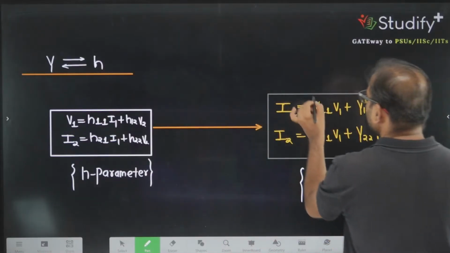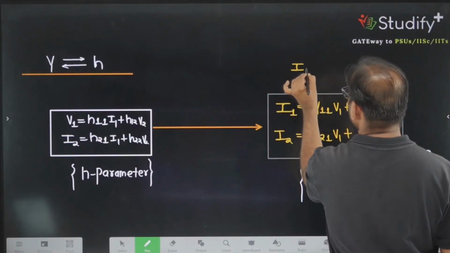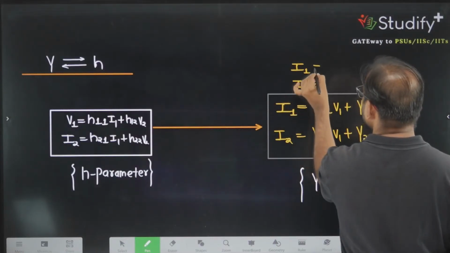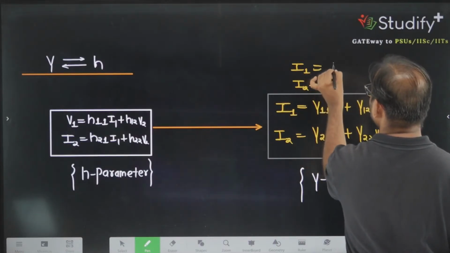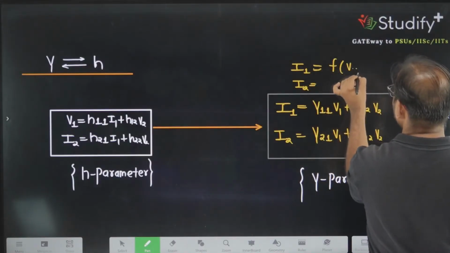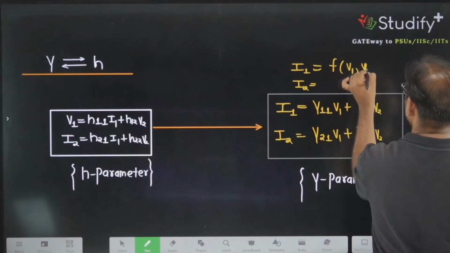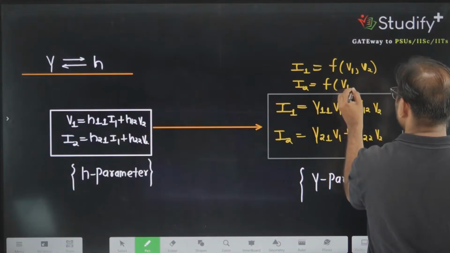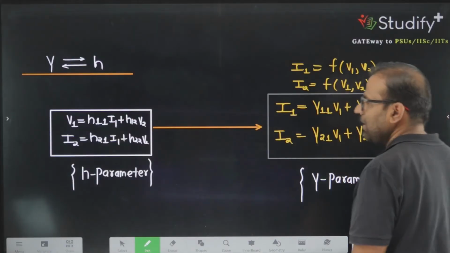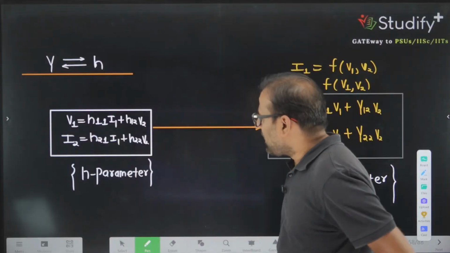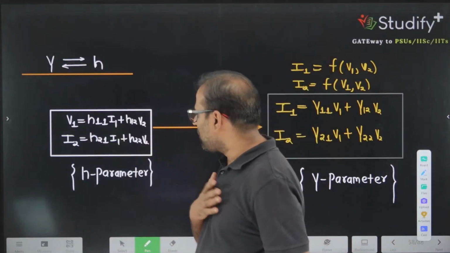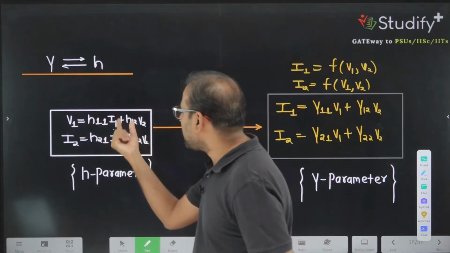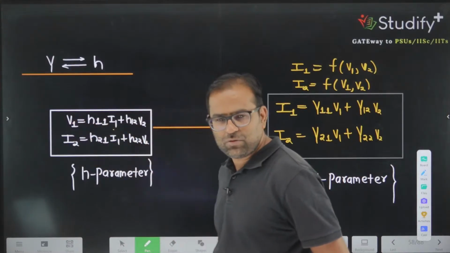So in y parameter we are having I1 and I2, both can be represented as a linear combination of V1 and V2. Here also a linear combination of V1, V2. So here also you can write one parameter directly. Suppose you want to convert this into y parameter. So what do we want? Here we are having V1, I1 and V2. So we want to represent I1 as a linear combination of V1 and V2, that I can write.